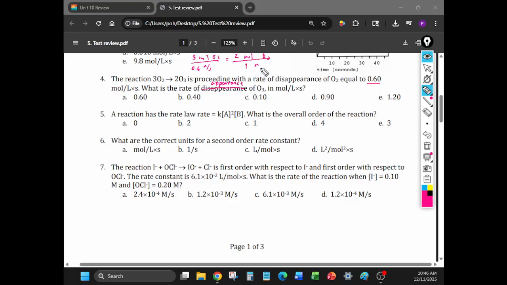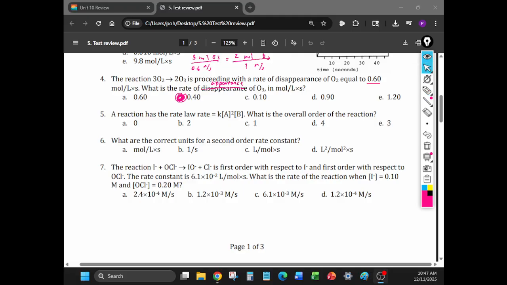So this is going to be molarity per second. You can just do the algebra to calculate it, but your answer is going to be 0.4, okay, 2/3, because you have 2/3 the amount of O3 as you do of O2.